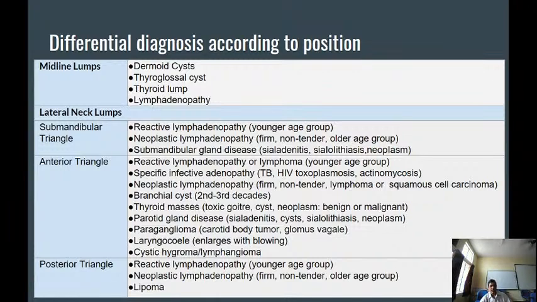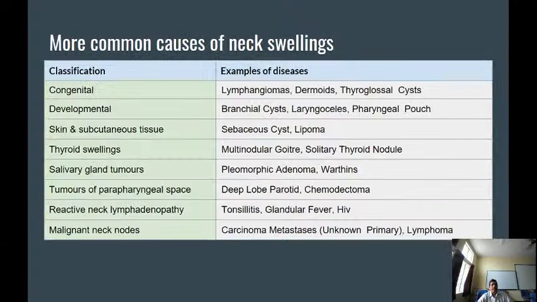Then you go to the posterior triangle. The important structures are usually the reactive lymph nodes, neoplastic lymph nodes, and lipoma. And according to another classification, the more common causes are usually grouped under the congenital ones, which are present since birth: the lymphangiomas, the dermoid cysts, and the thyroglossal cysts.